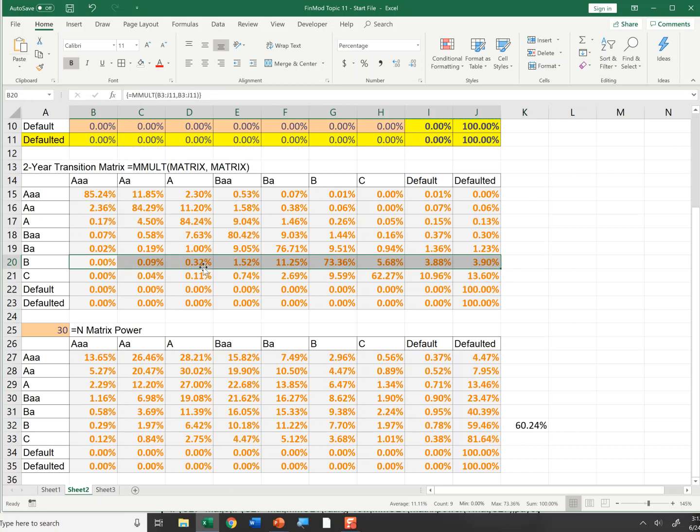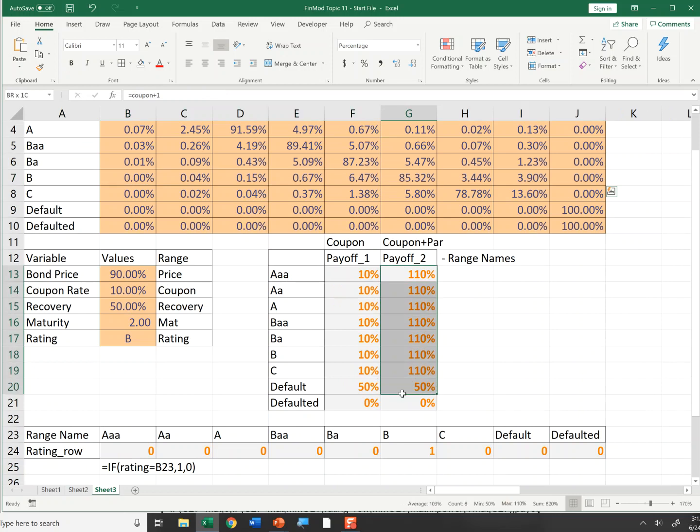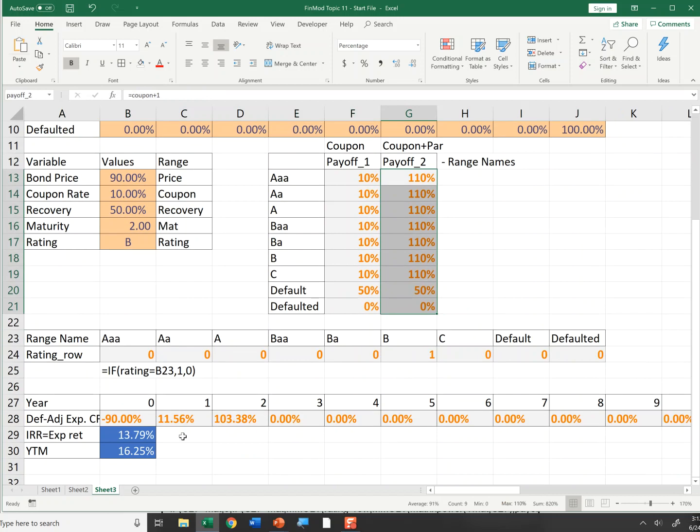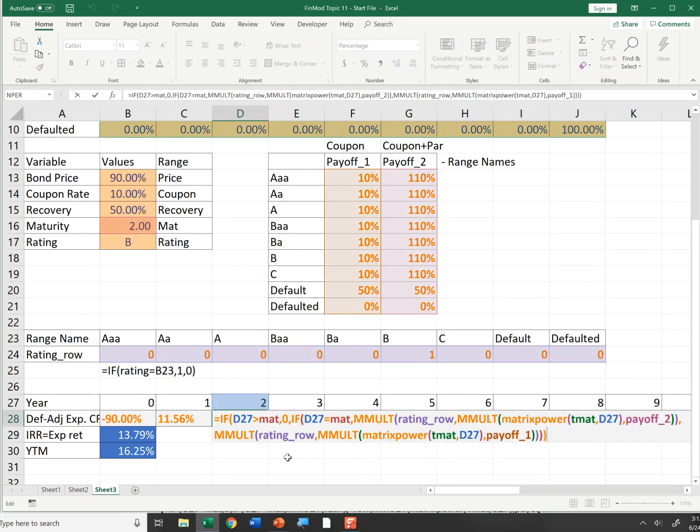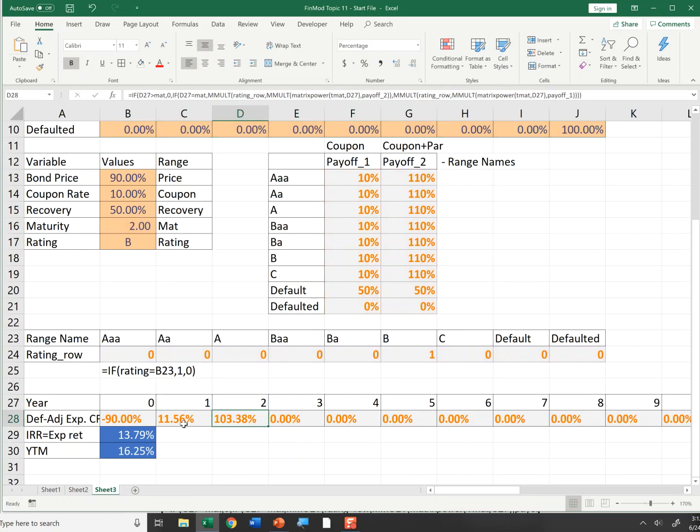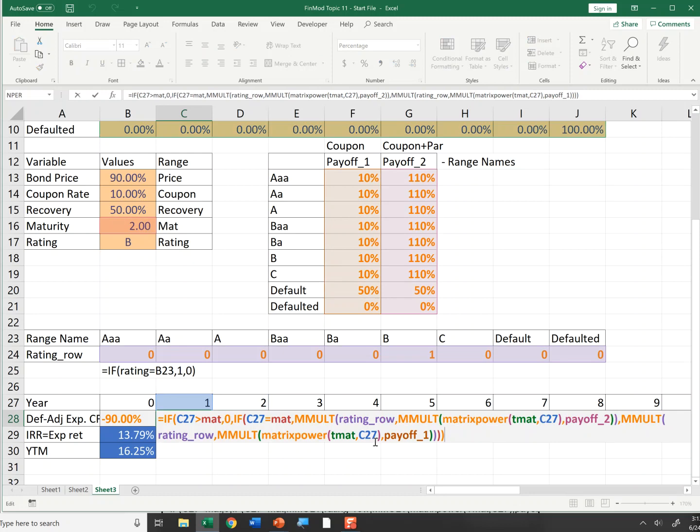It then takes these probabilities for the 2-year and multiplies them times these cash flows as a percentage of par. And that's what gives you the 103.38 in year 2. Now, in year 1, it finds out that it's not matured because this number here is less than the maturity.